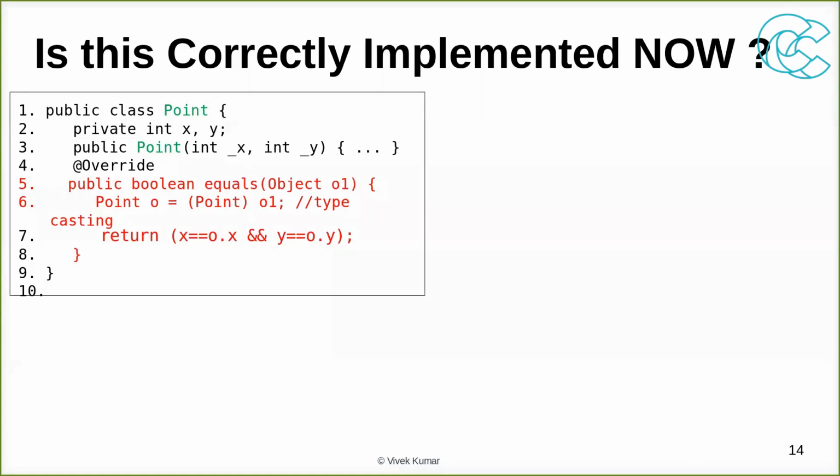So if I compare a Car and a Bike object, won't it result in an error when we typecast that object into a Car object, because we would be passing a Bike object? Yes, it should result in an error. But ideally, it should return false, because a Car object can never be equal to a Bike object. It should return false, but not an error. So why would that happen?